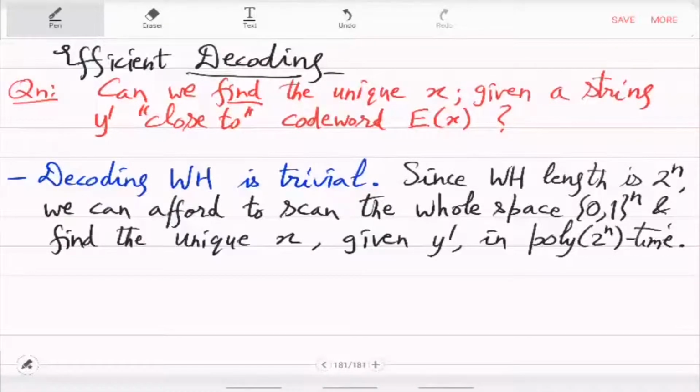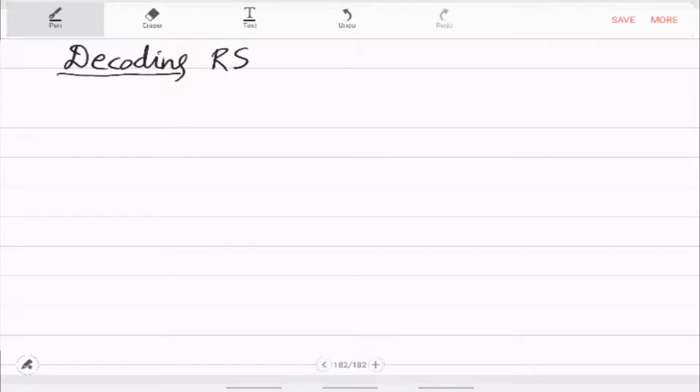A more interesting challenge will be the question of how to decode Reed-Solomon and then Reed-Muller, and finally the concatenated code. So, decoding Reed-Solomon. Let us fix the question clearly: what are we given and what do we want to find.